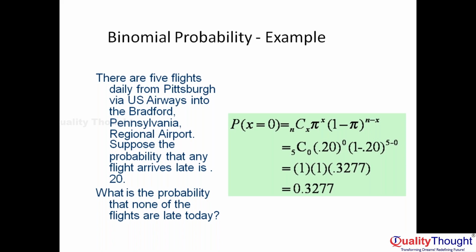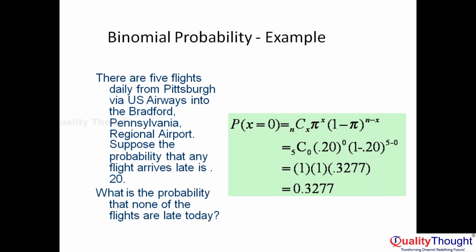That means you have to identify P(X = 0). When it is P(X = 0), we know how many trials are made. 5 flights daily means 5 iterations. Out of 5 flights, you are targeting not to have even one flight late, which means 0 flights are late.